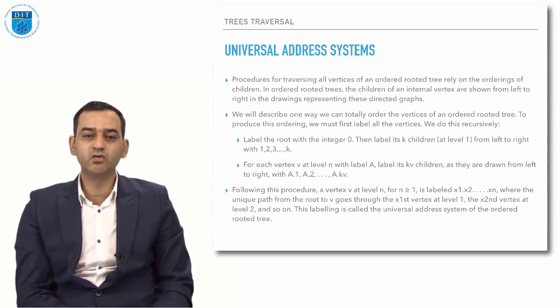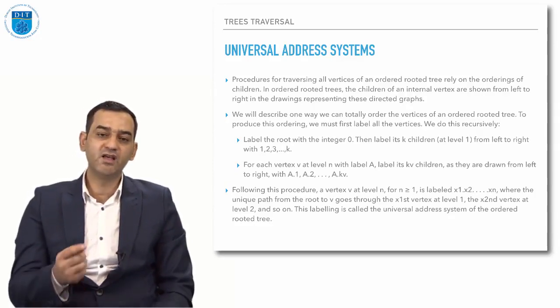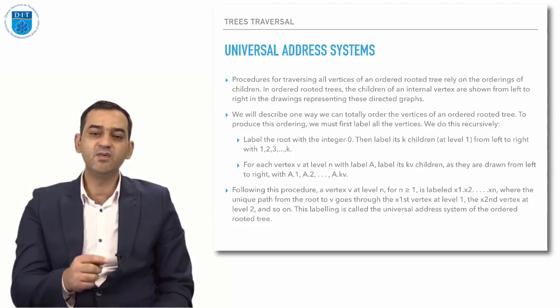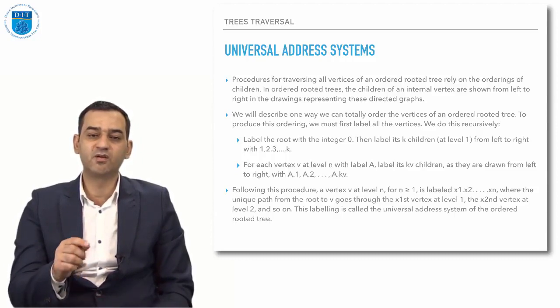First, we label the root with the integer 0. Then we label its k children at level 1 from left to right with 1, 2, 3, up to k. For each vertex v at level n with label A, we label its k_v children, as they are drawn from left to right, with A.1, A.2, up to A.k_v.